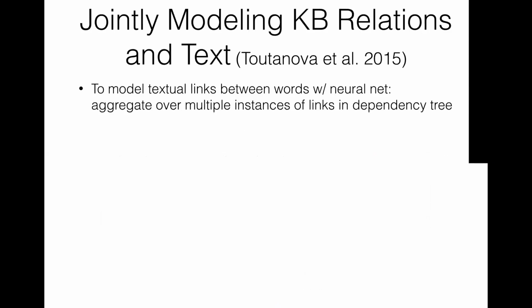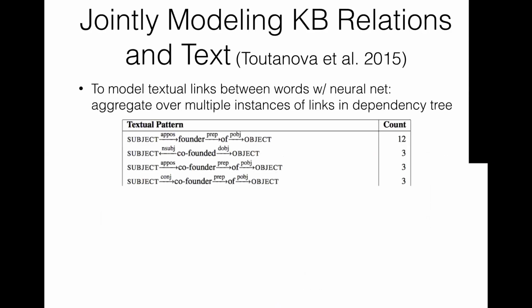This work by Christina was to first find relations from the text by traversing the dependency path between the two entities in the same sentence. For example, if there's a sentence, Bill Gates is the founder of Microsoft, then you can first run a dependency parser and get a dependency tree.